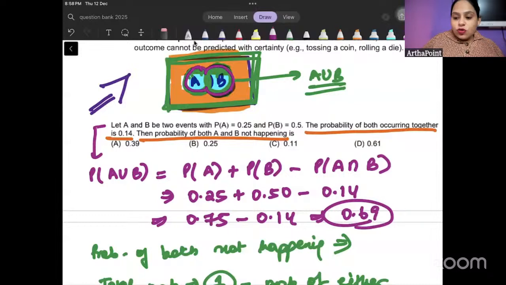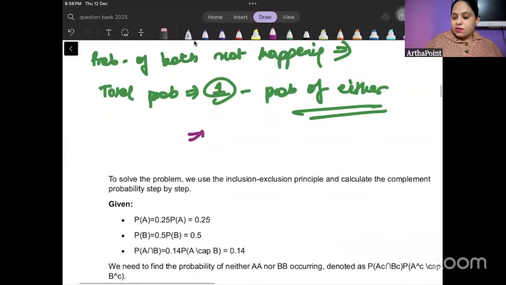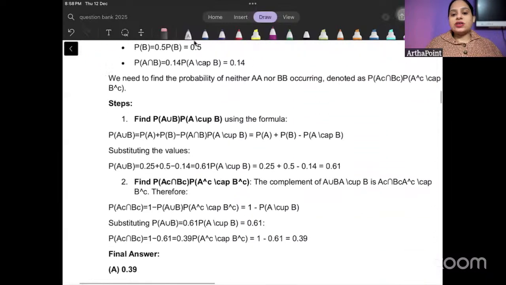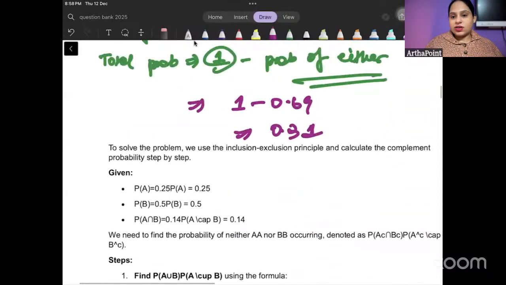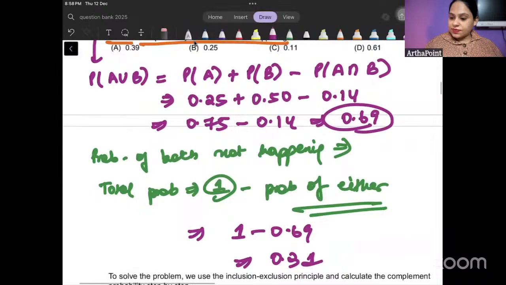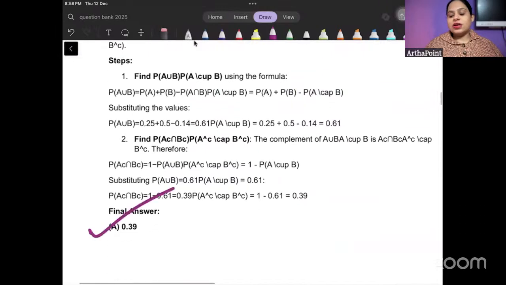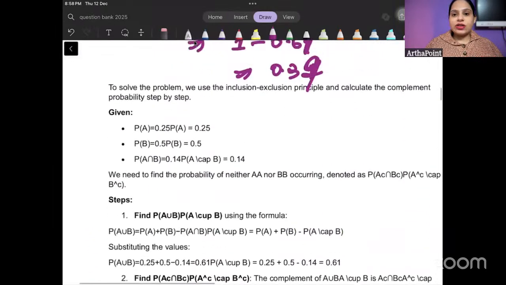And if I remove this blue region out, तो हमें यहाँ वाला आ जाएगा both not occurring, right? So it is going to be 1 minus 0.69, so 0.31. 0.3, sorry, this was 61, is it? 61, 0.39. So the correct answer to this question will be, all of you are correct, 0.39.